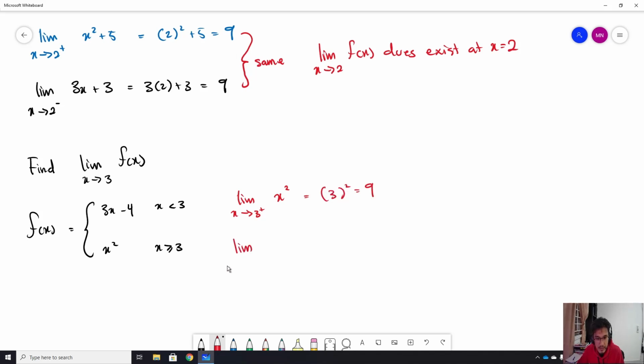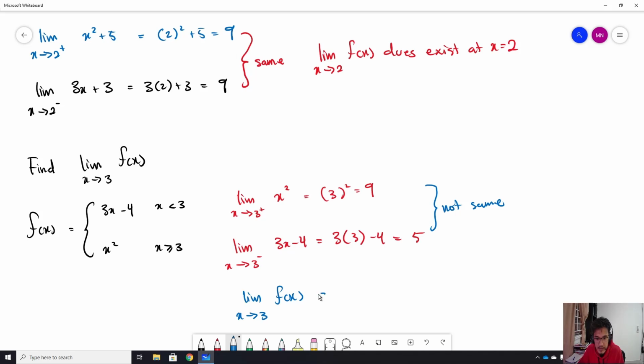So for this one, limit x approaching 3 from the left is 3x minus 4, equal to 3 times 3 minus 4, equal to 5. So we can see here that 9 and 5 not same. So we can conclude that limit x approaching 3 of function f(x) does not exist.